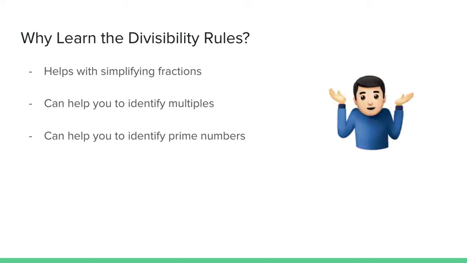Next, this can help you to identify multiples of a number. The last reason that I got down here kind of deals with this. In turn, you can also identify prime numbers. Basically, a prime number is a number that doesn't have any factors other than one and itself. By using divisibility rules, you can sort of weed it down. You check, okay, it's not an even number, it's not divisible by 2.